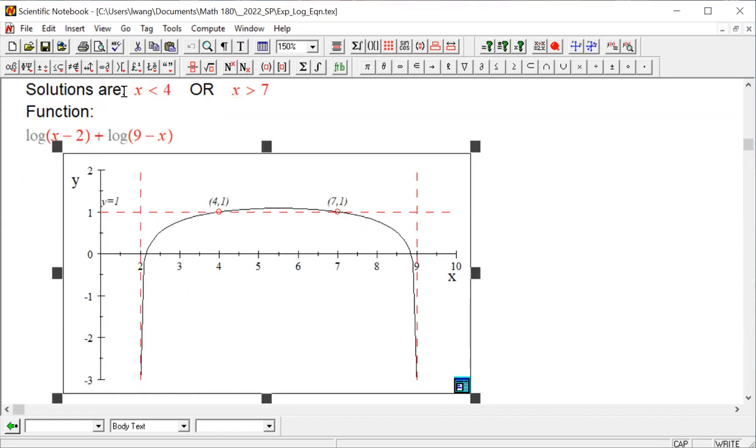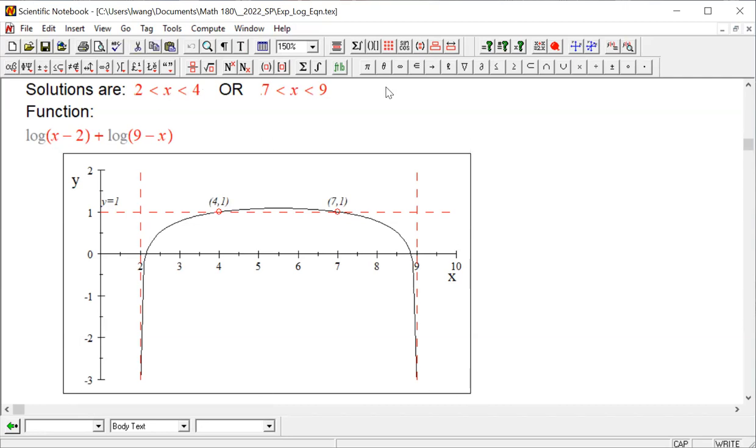So the solution should be 2 less than x less than 4, and x larger than 7 and less than 9. So it's between 2 to 4, 7 to 9.